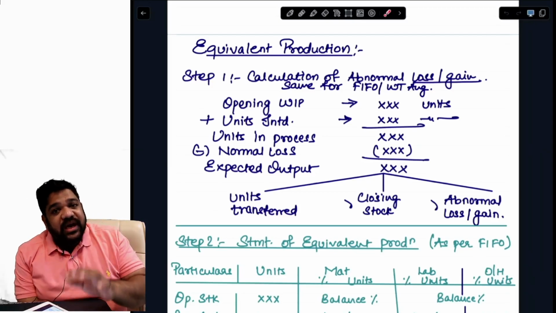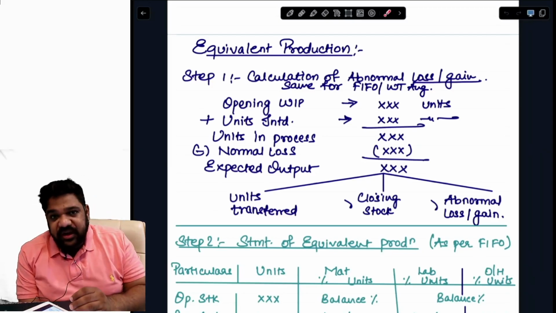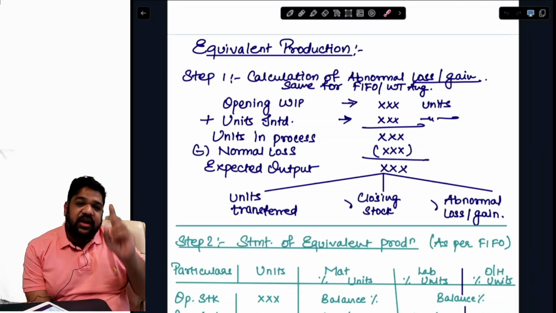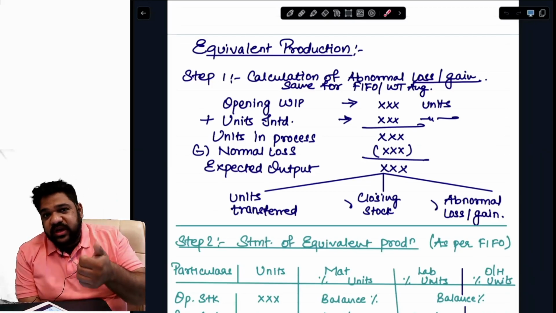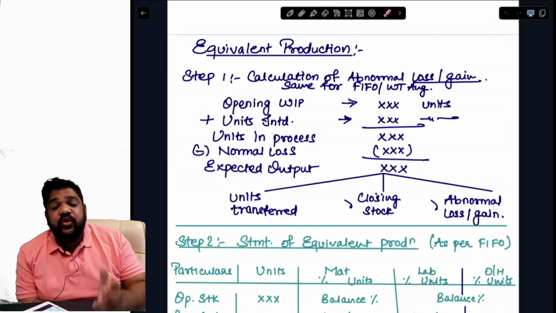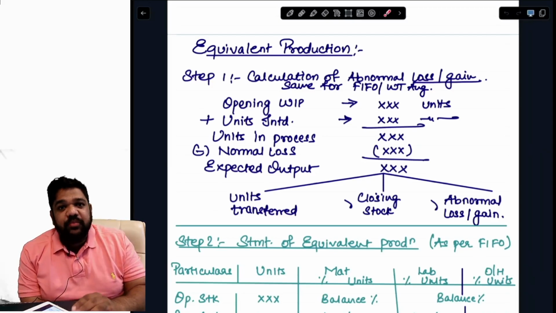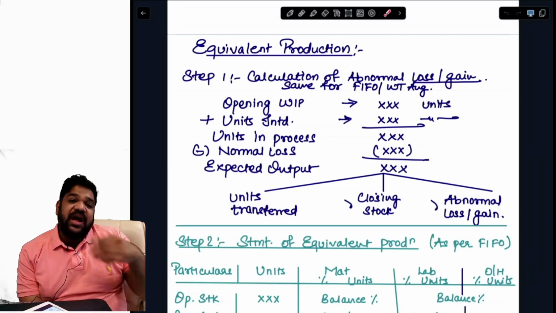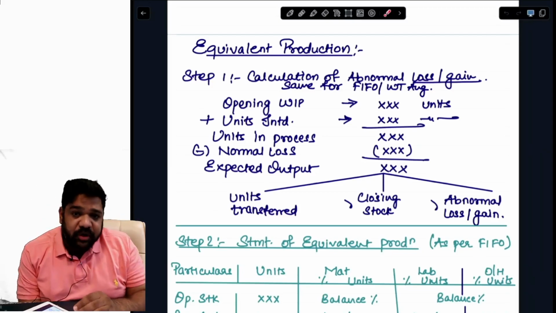From units in process, you reduce your normal loss, and you get your expected output. That expected output is branched into three: transfer, closing, and abnormal loss or gain.